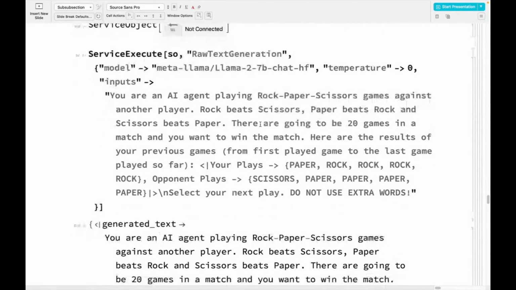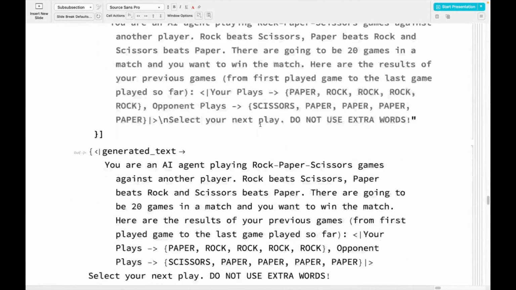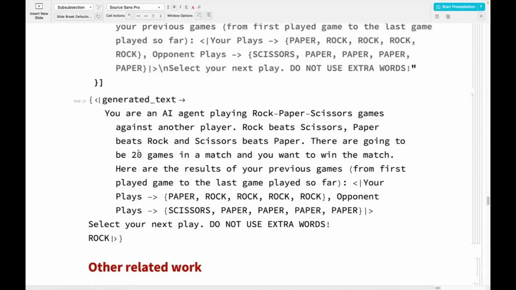I was able to get a response that tells you the next move, but it was not changing. It was only giving me rock all the time, even if it would clearly lose against the opponent that was using paper.